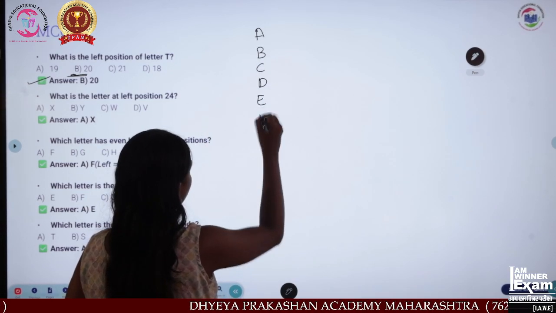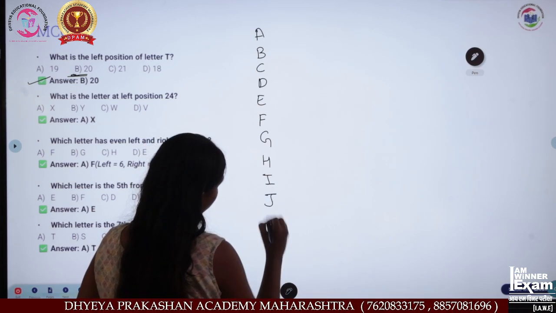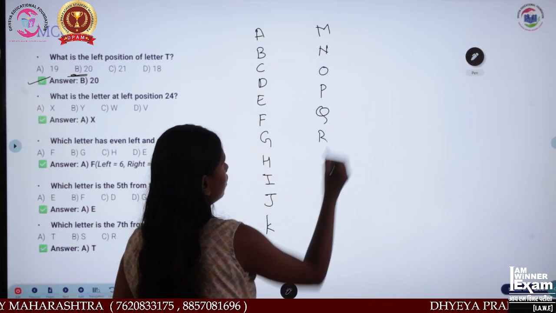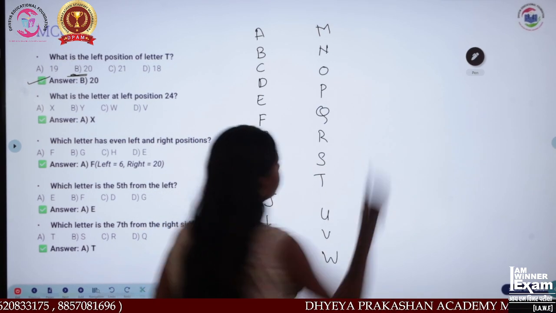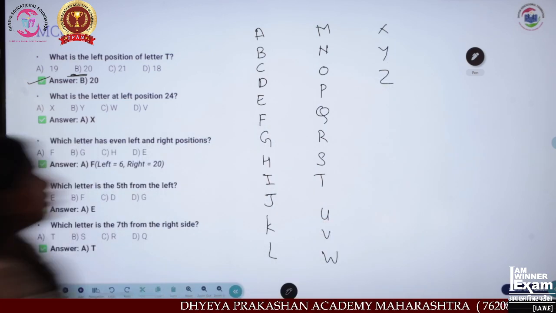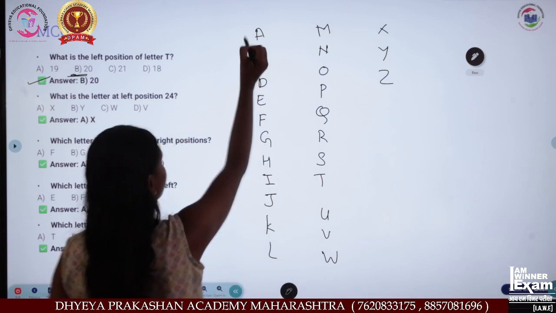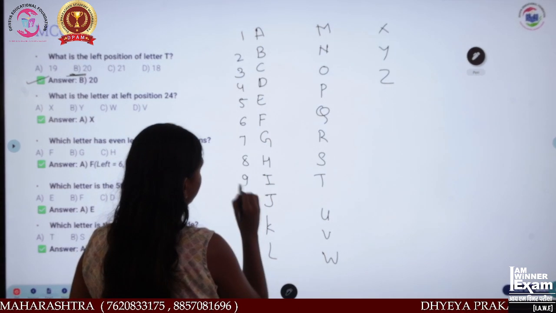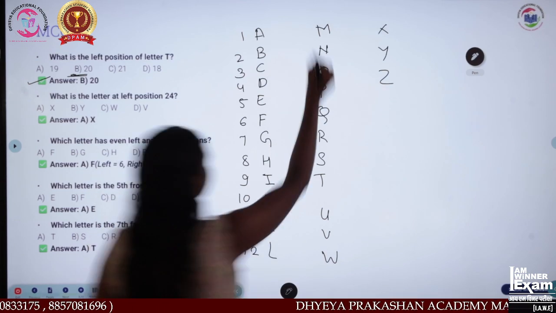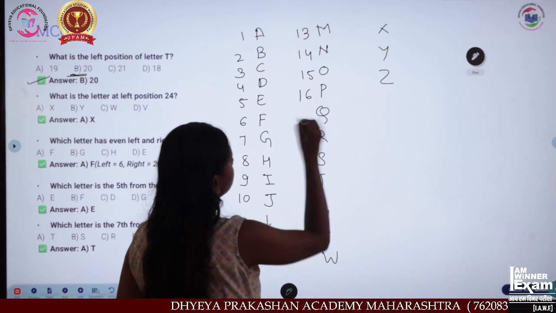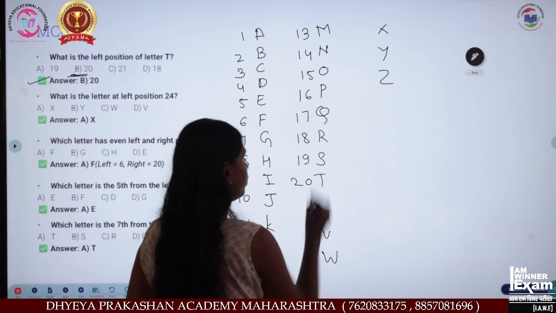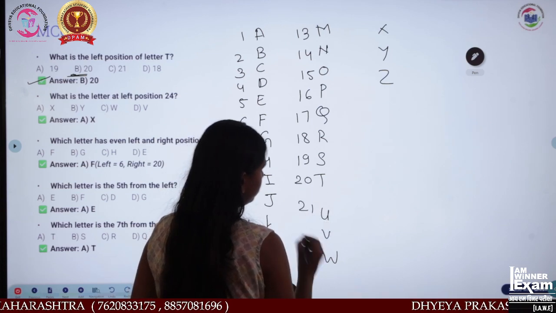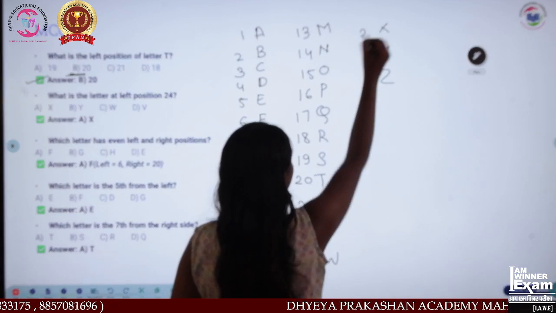C, D, E, F, G, H, I, J, K, L, M, N, O, P, Q, R, S, T, U, V, W, X, Y, Z. Now, let's number these letters again, starting from the left hand side: 1, 2, 3, 4, 5, 6, 7, 8, 9, 10, 11, 12, 13, 14, 15, 16, 17, 18, 19, 20, 21, 22, 23, 24, 25.